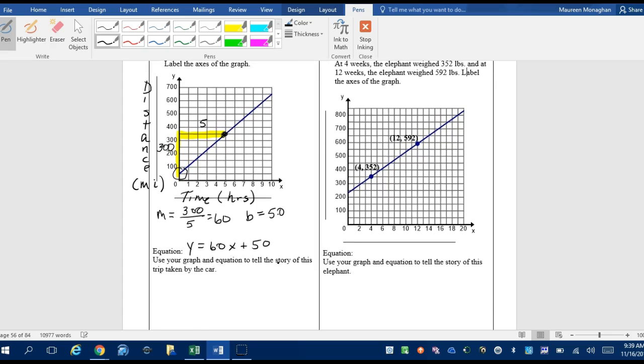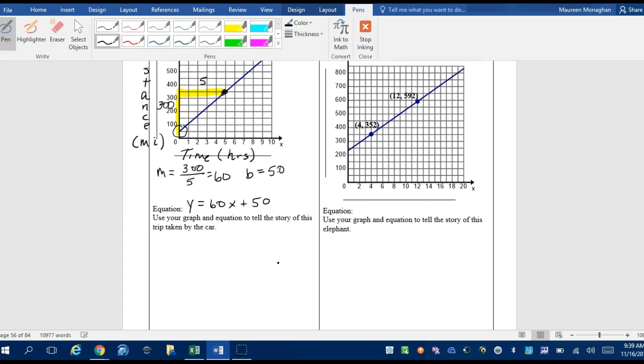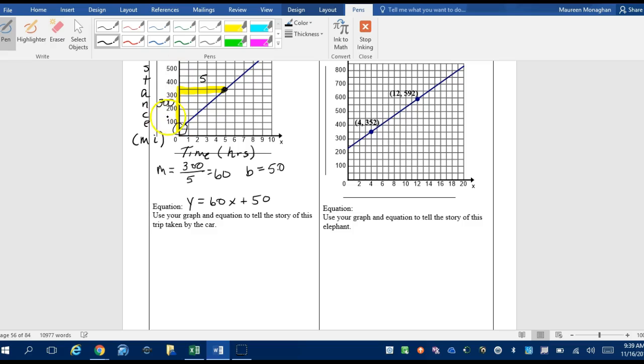Use your graph and equation to tell the story of this trip taken by the car.